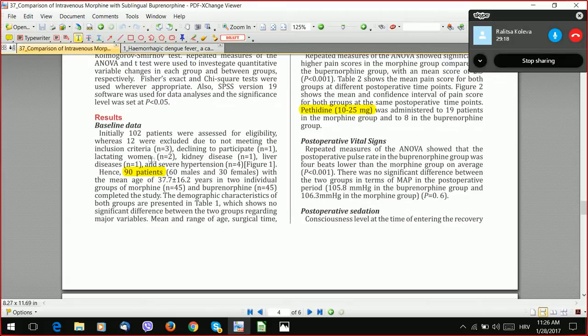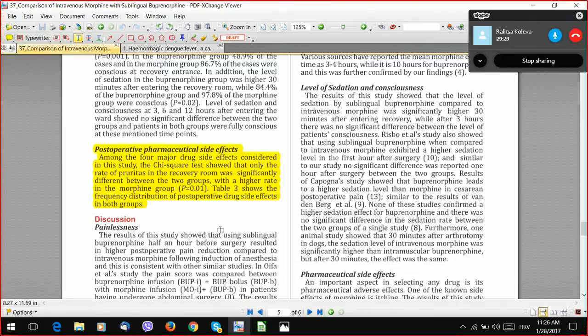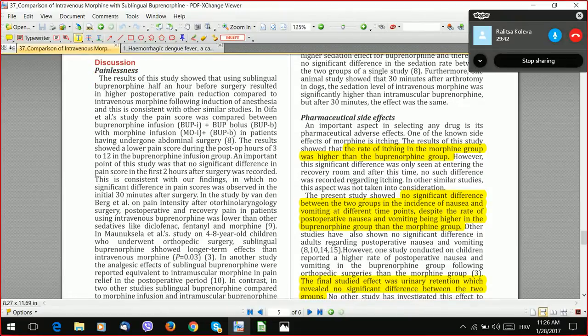Here again I have an identified patient group. I have one more substance. I have a passage that says something about the side effects, so this is important. And here describing the side effects.